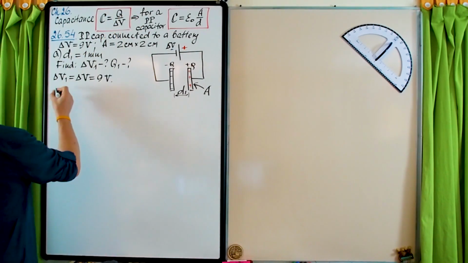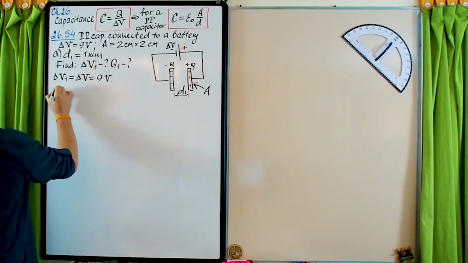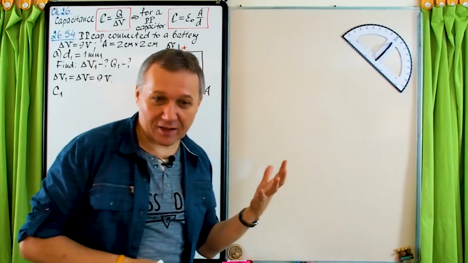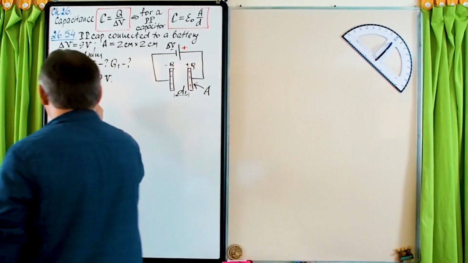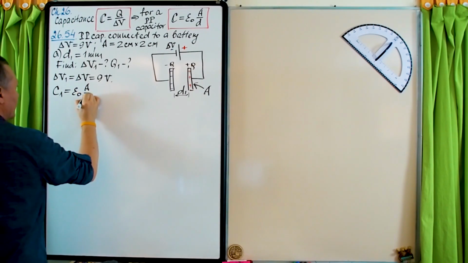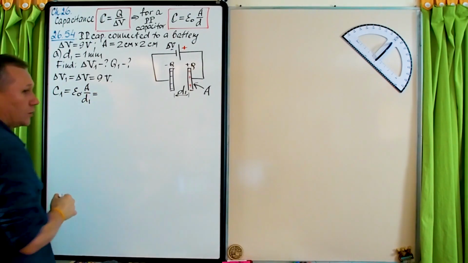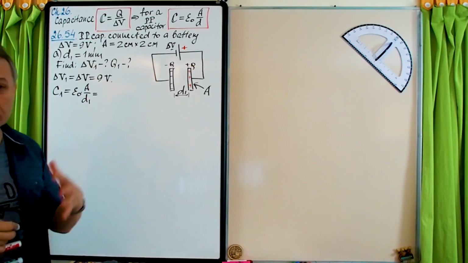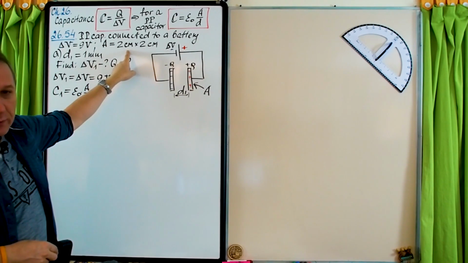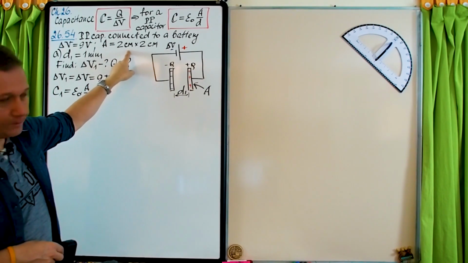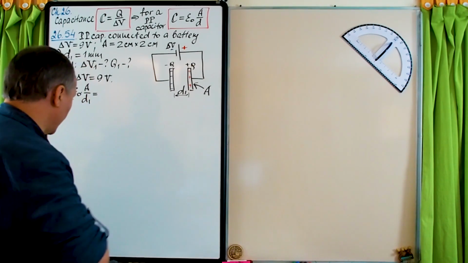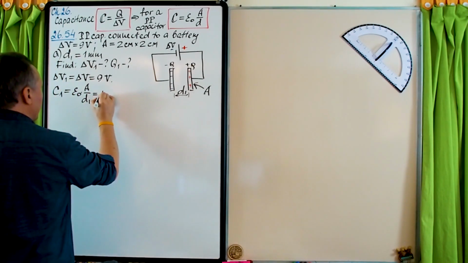So now let's find the capacitance since the geometry is given. Again, I will use subscript 1 because this is the capacitance in part A. C1 equals epsilon naught A divided by D1. Don't forget to use correct units. 2 by 2 centimeters, but we have to convert it to meters. And the spacing is 1 millimeter, we need to convert it into meters. Epsilon naught is 8.85 times 10 to the power of minus 12.